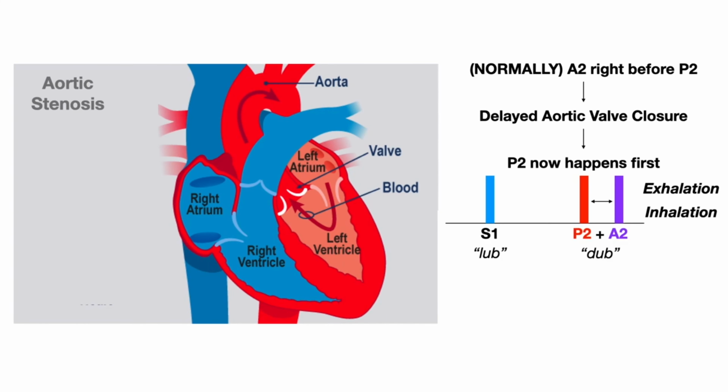So that A2 and P2 subcomponent actually get flipped. So now it's the pulmonic valve that closes first because you've got aortic stenosis. So more blood flow or longer time of blood flow over the aortic valve delays the closure of the aortic valve, so it delays the A2 subcomponent of the S2 dub.